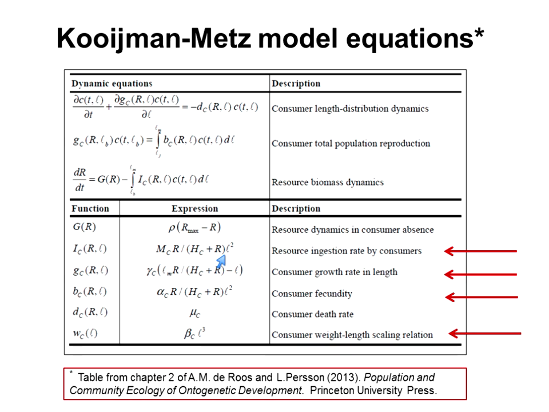In their notation, length is lowercase l, so ingestion rate goes as the square of length and multiplied by a type 2 functional response, because little r represents the density of resource here. They have an equation for the consumer growth in length, and that is just the von Bertalanffy form that we have been looking at again.